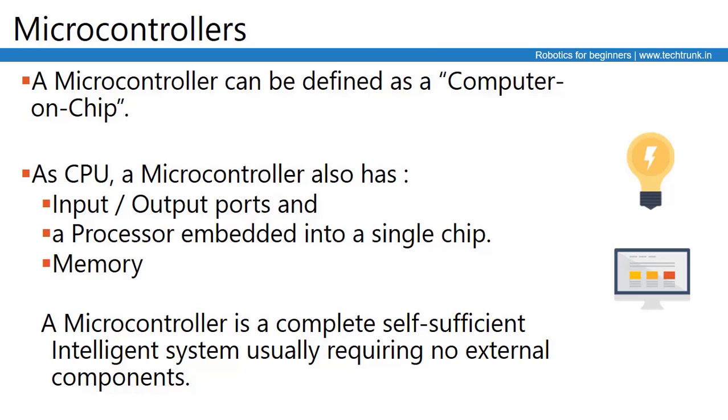It can be called a complete, self-sufficient, intelligent system, usually requiring no external component. There are a variety of microcontrollers in the market, manufactured by different companies, and based on the amount of resources they offer, developers use whichever microcontroller is suitable.